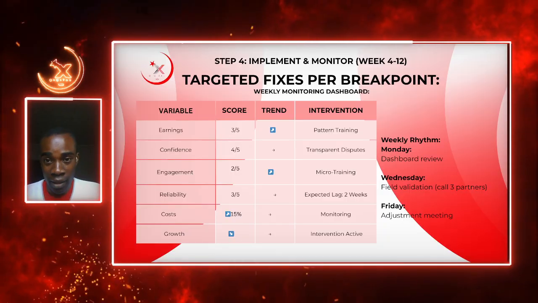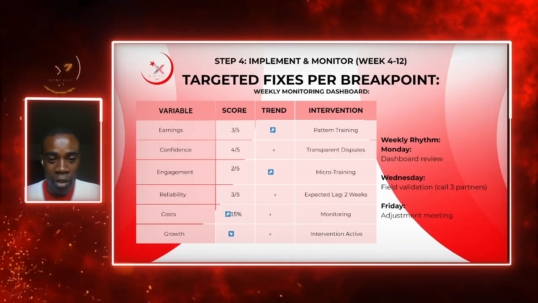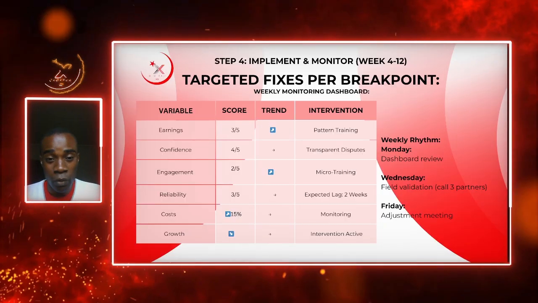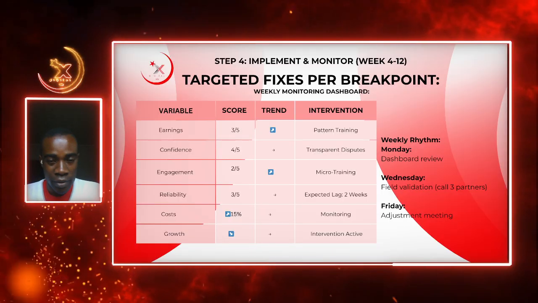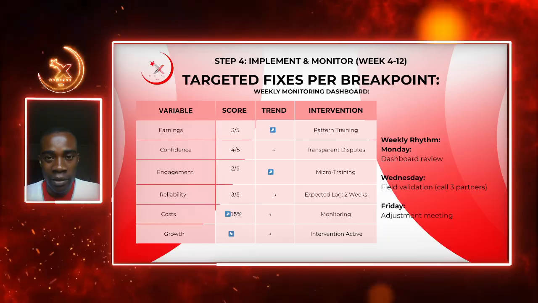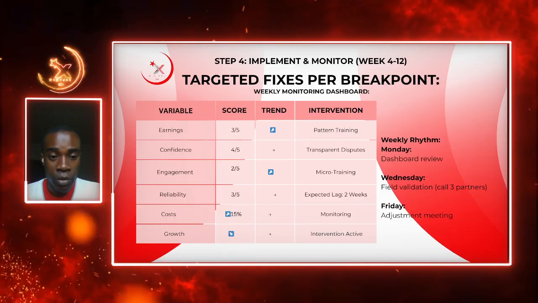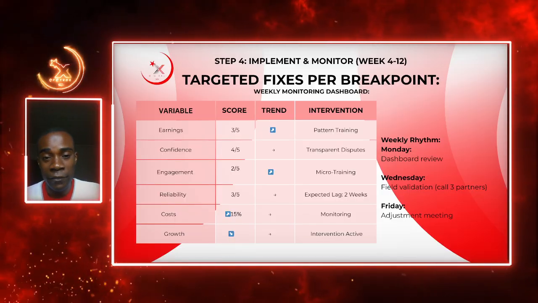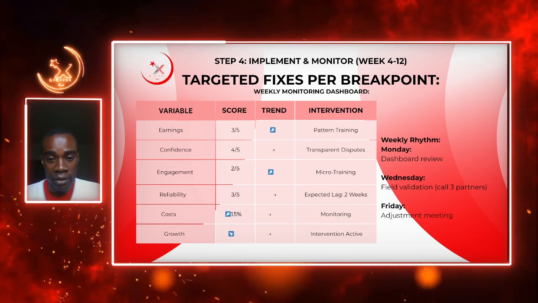There's always a lag. And after you create a simple dashboard that looks like what you see on your screen, you gotta establish weekly rituals. Something like Mondays is gonna be dashboard review. Wednesdays it's gonna be field validation. On this day, you call up to 3 partners at least.